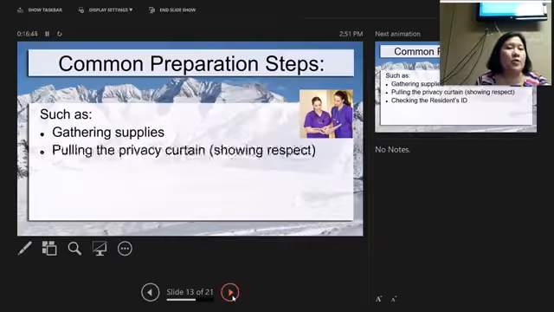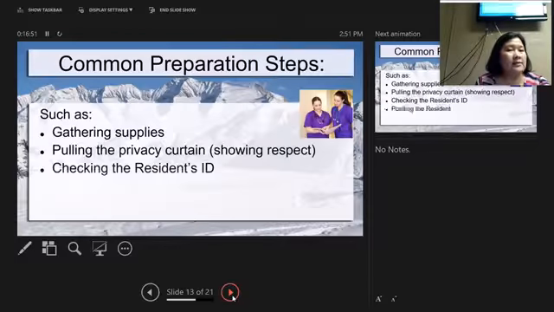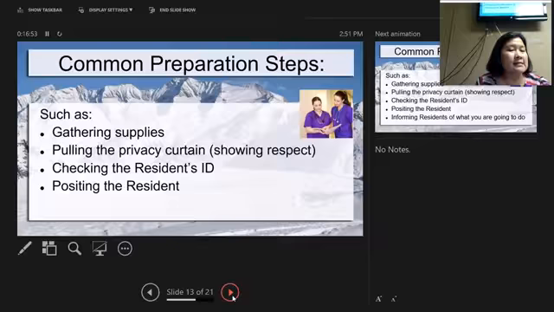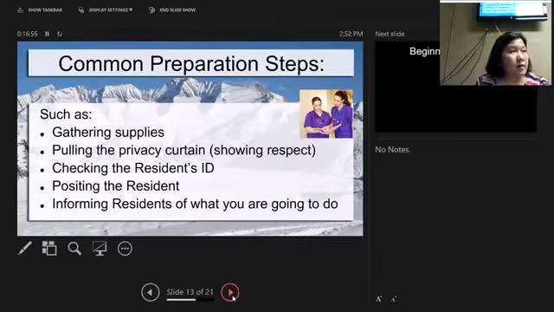So your common preparation or beginning procedures is always getting the supplies that you need, pulling the privacy curtain, checking the resident's ID, positioning the resident appropriately for the task, and then informing them of what you're going to be doing. Okay? You also have another handout in your purple folder that has a list of all the supplies that you need for each skill.